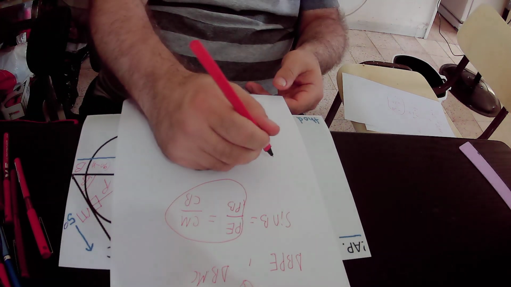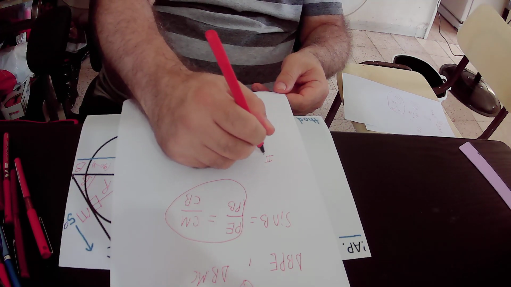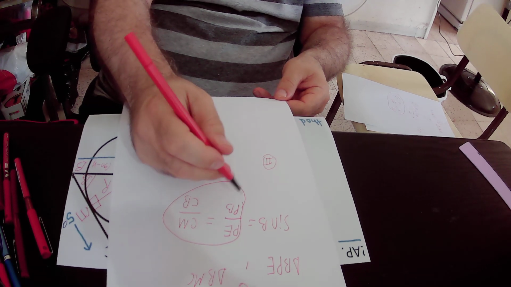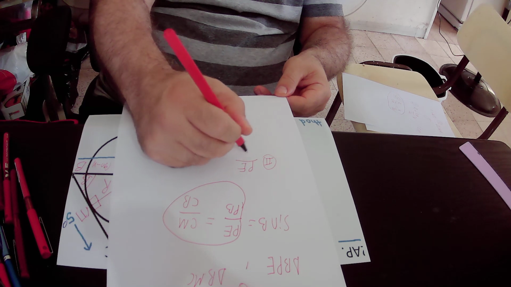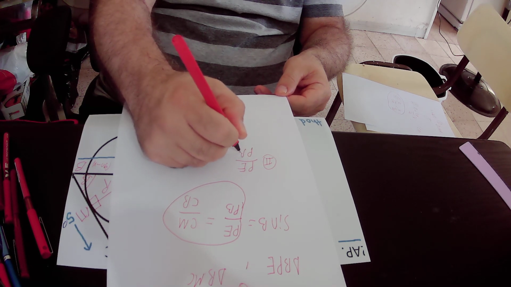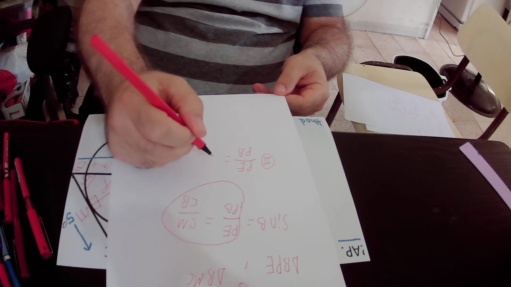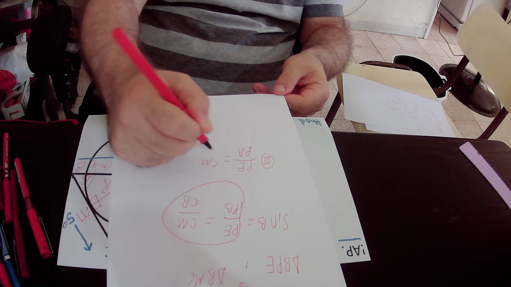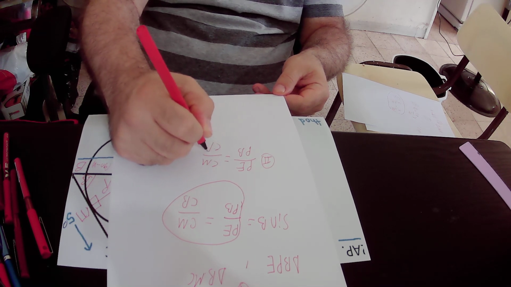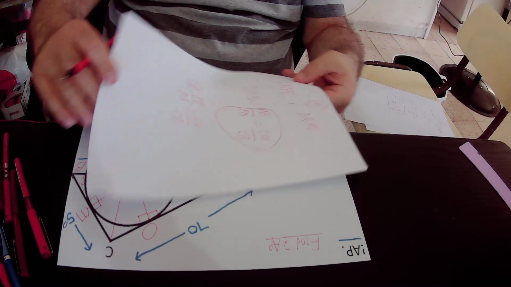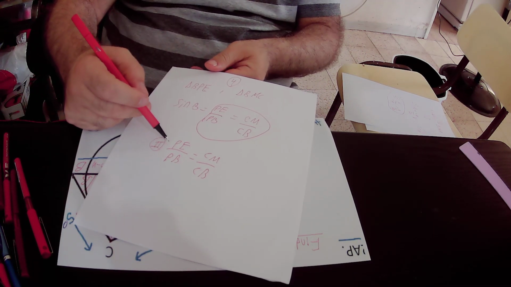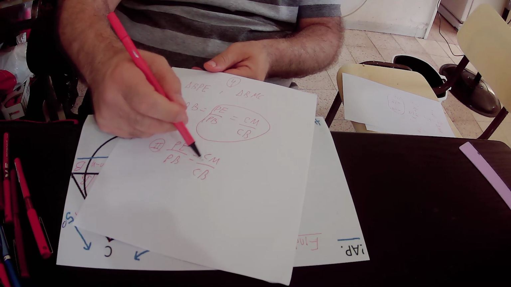Again, our second equation will be that PE over PB equals CM over CB.